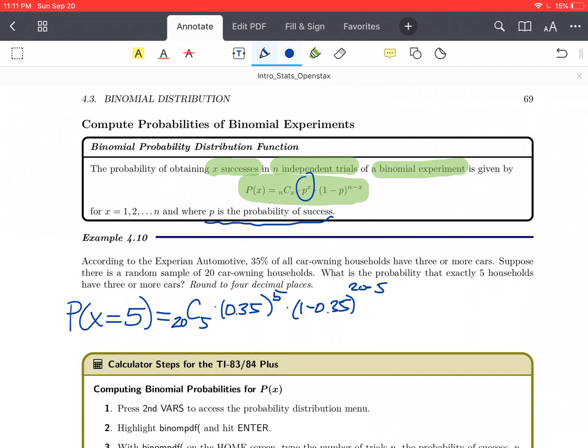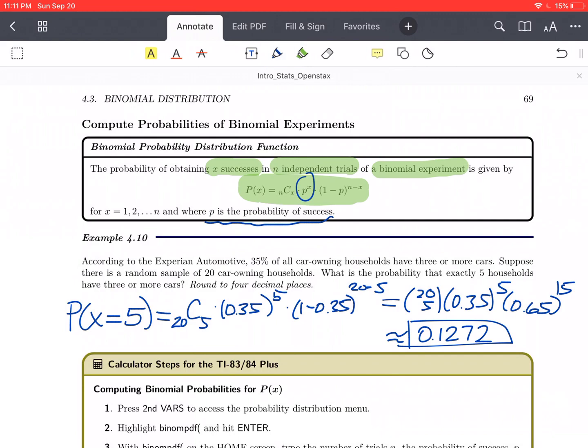So this gives us 20 choose 5. We can compute that using factorials, or just use technology. Times 0.35 to the 5th, times 0.65 to the 15th, which if we plug and chug these numbers is approximately 0.1272.